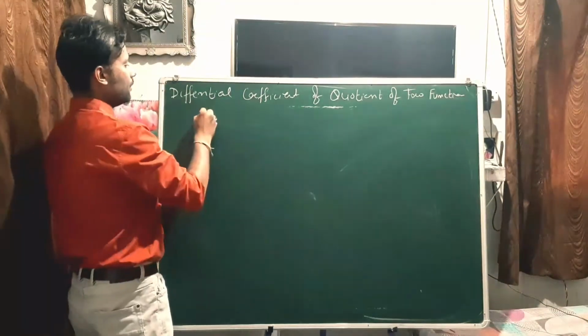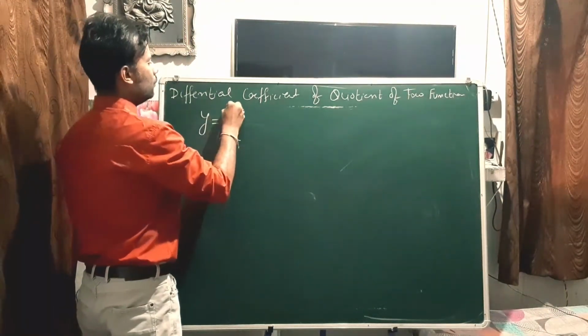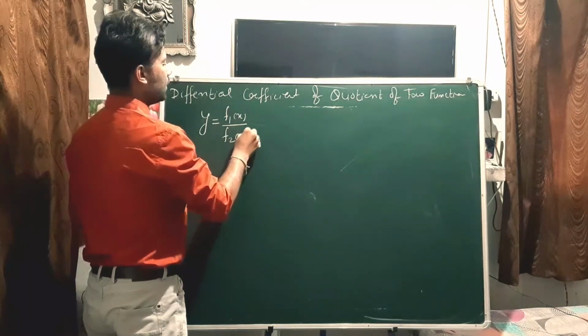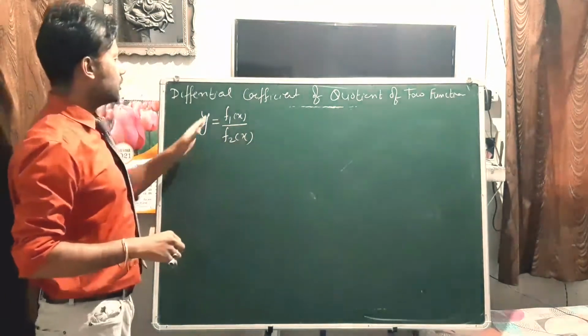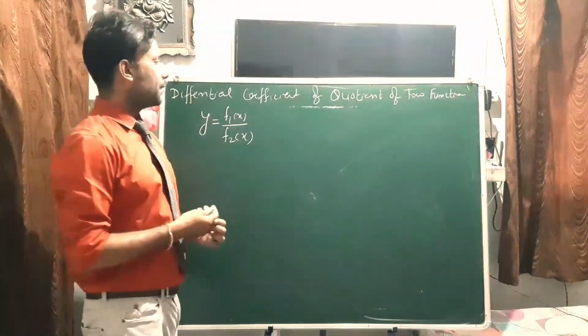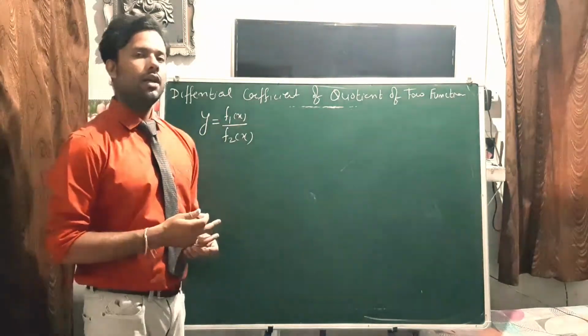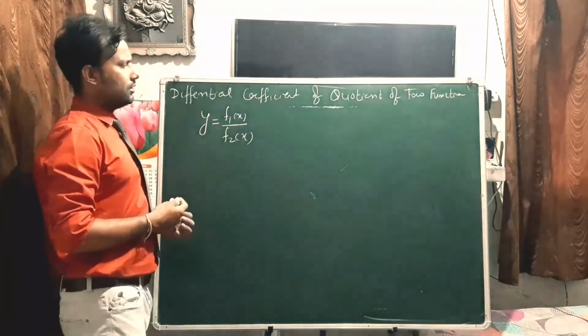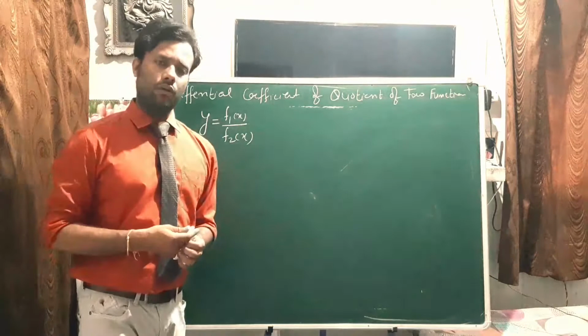Suppose we have y which is f1(x) upon f2(x). You can see that this function is the combination of two functions which are in division form. You can write this in terms of numerator and denominator also.